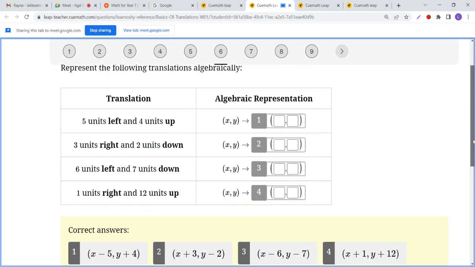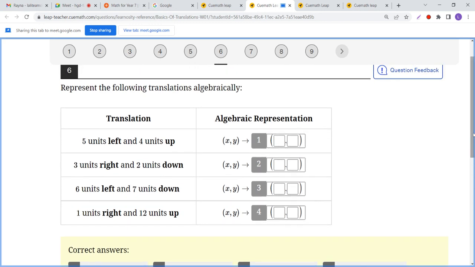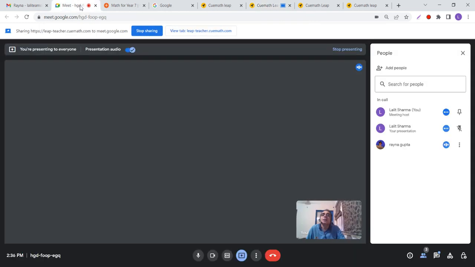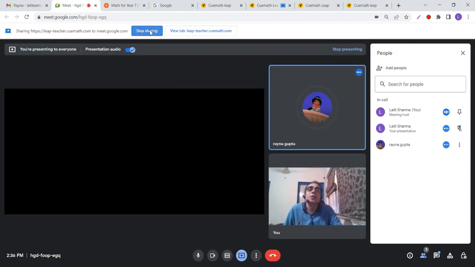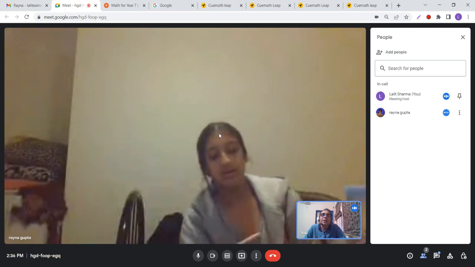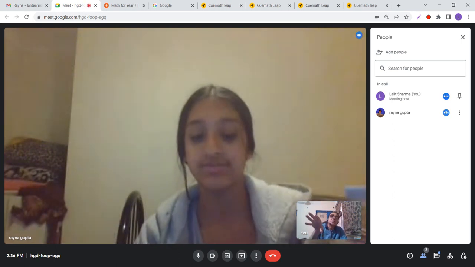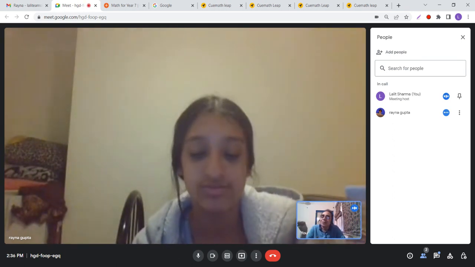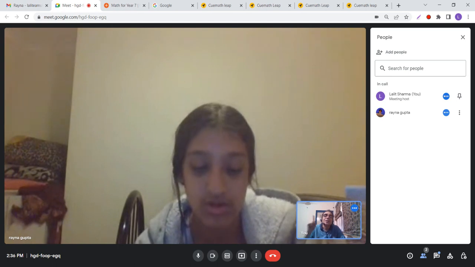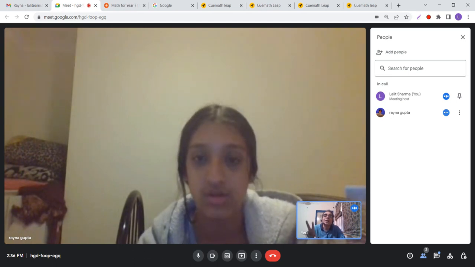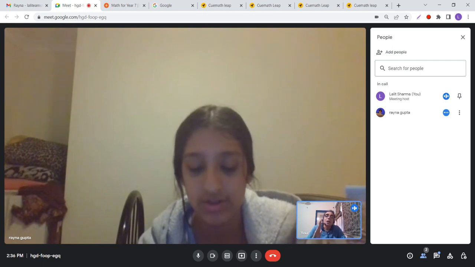Now you understand the logic. Algebraic representation is nothing but the same thing. The difference is there is no figure over there. When a figure is given, it's easy to imagine. Now, what if the figure is not given? Just the coordinates are given. Still, you need to keep two things in mind: one is the x-axis, one is the y-axis. How much is it moving along the x-axis?